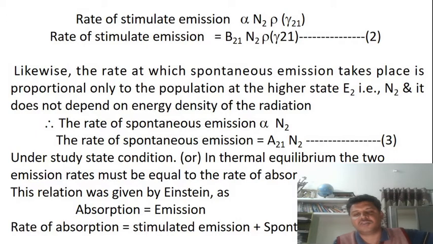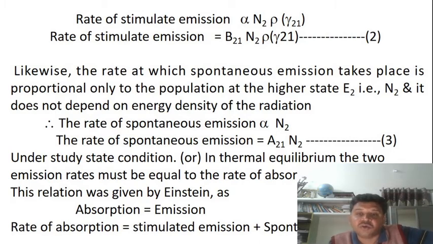This is not monochromatic light radiation; it releases polychromatic radiation. It does not take a responsible part in the production of laser light. So we have to make the rate of spontaneous emission zero, and then we are not going to bother about the energy density.